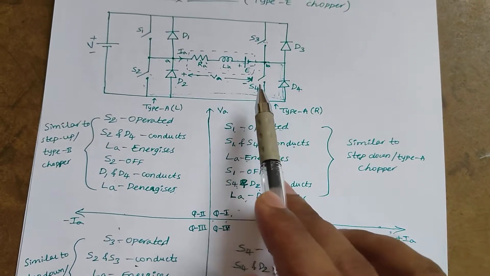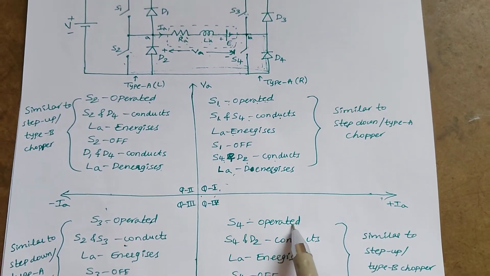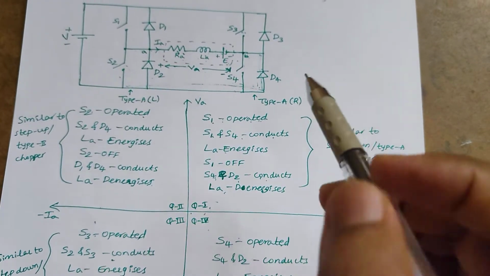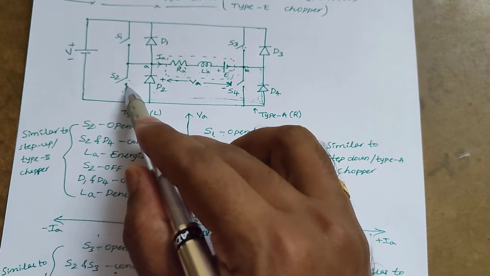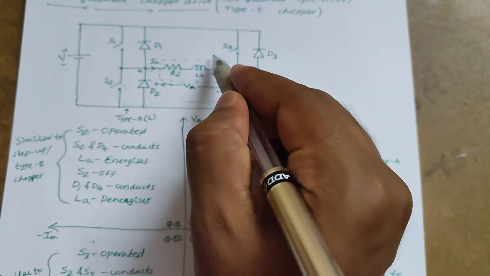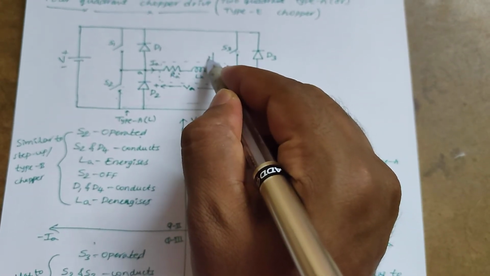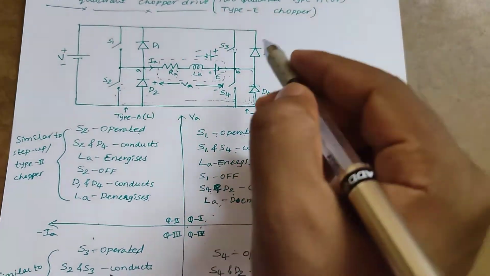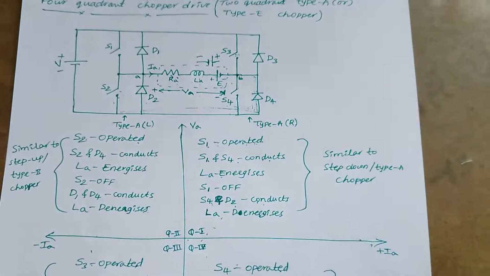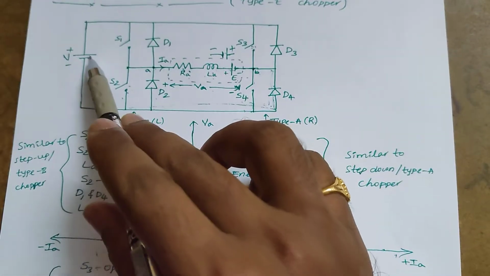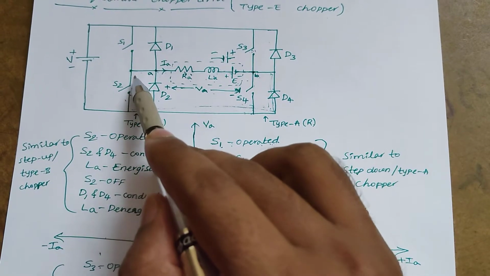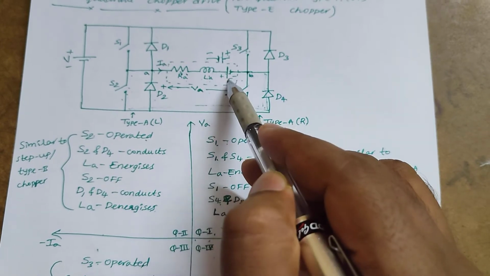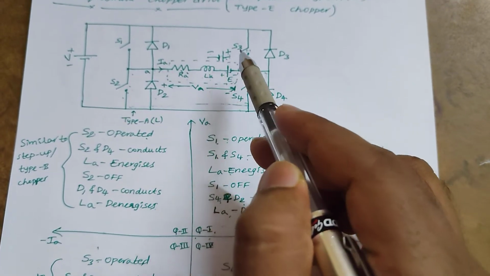Next, by operating the switch S4 alone, we can get the fourth quadrant operation. Earlier, when S3 and S2 were operated, the back EMF was in the opposite direction, because when S3 is operated, plus is at B and minus is at A. With that, the back EMF has this polarity, which is opposite to the earlier conventional notation.